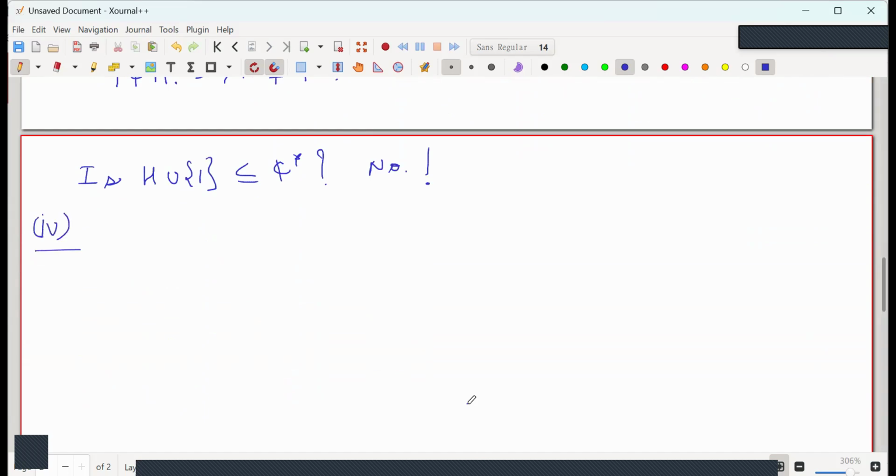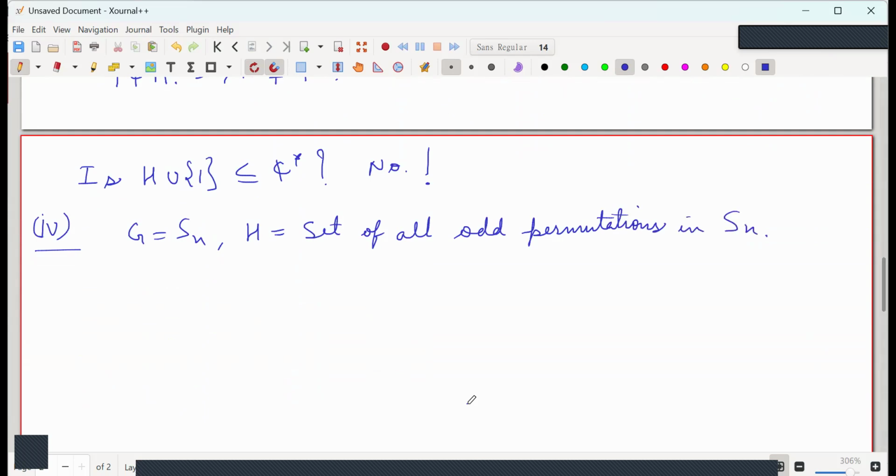The fourth one is G is Sn and H is the set of all odd permutations in Sn. Again, the same question: is H a subgroup of G?